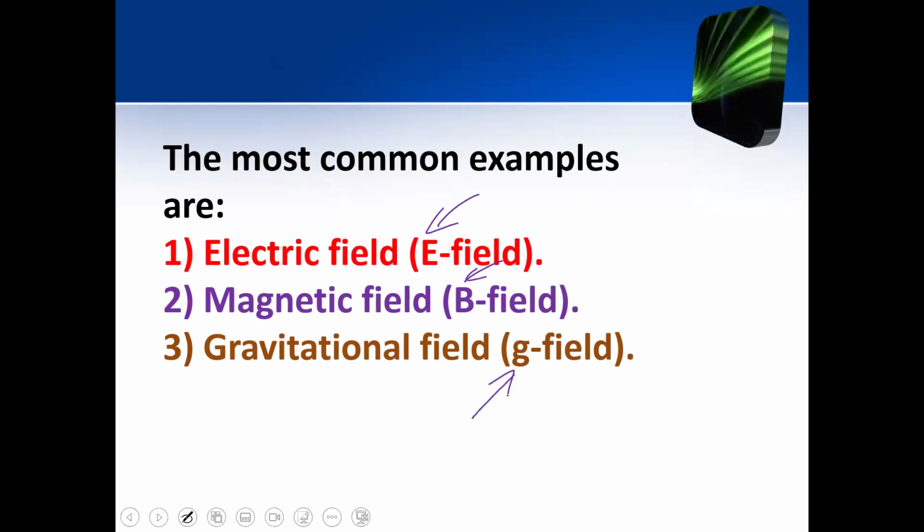These are official symbols for a field. In our course, there are three important fields: electric field, which is due to a charge; magnetic field, which is due to a magnet; and gravitational field, which is due to mass.